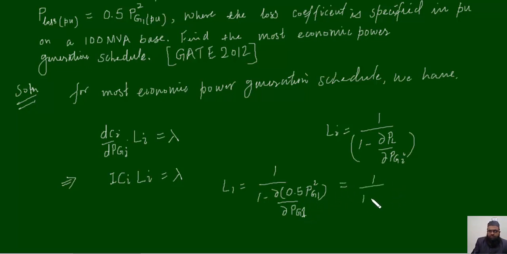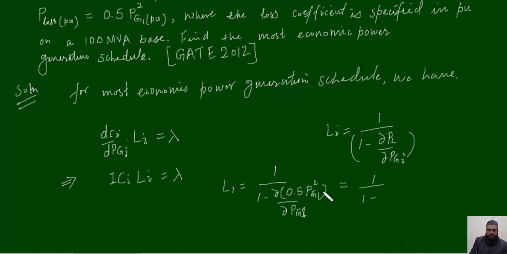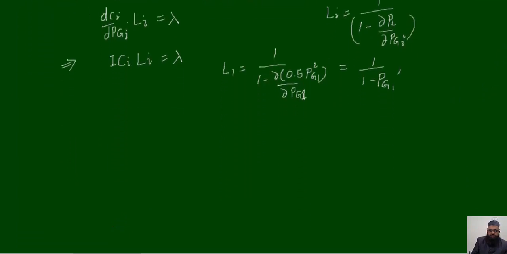So this is coming out to be 1 upon 1 minus half, 2 times half, 1. So this will be equal to 1 minus PG1.